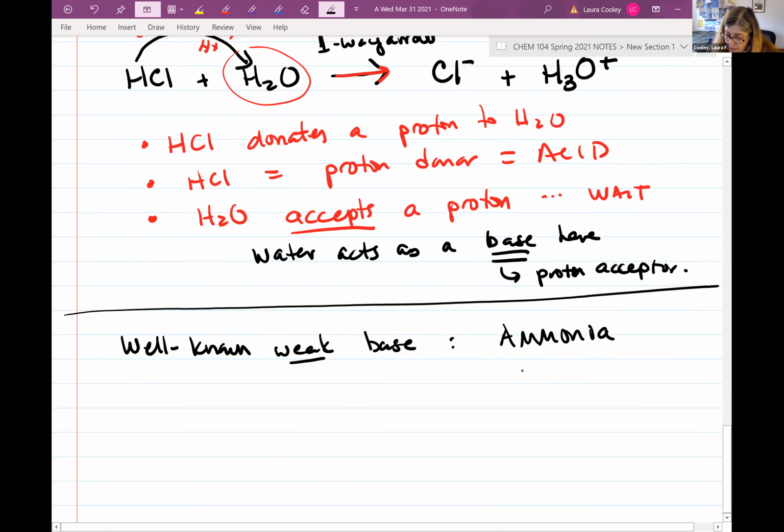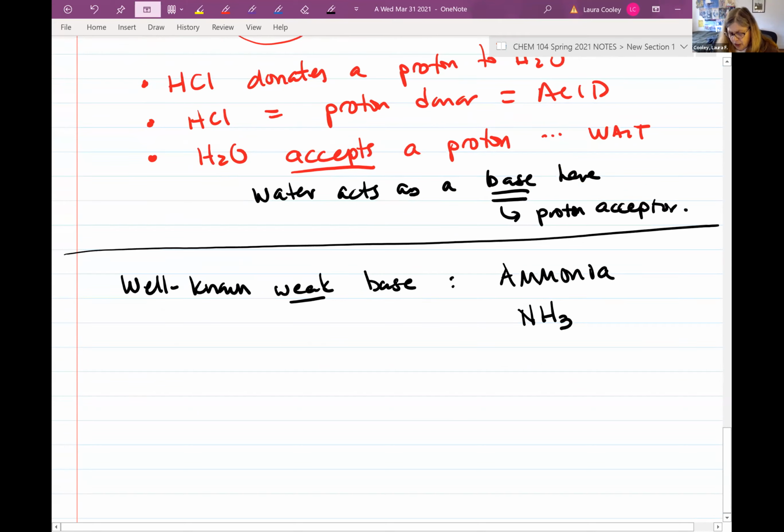You should memorize this formula: NH3 is the formula for ammonia. Now if you look at NH3, that's just nitrogen. It's got a lone pair. It has this structure. And if you look at that NH3, you say to yourself, how can it be a base?